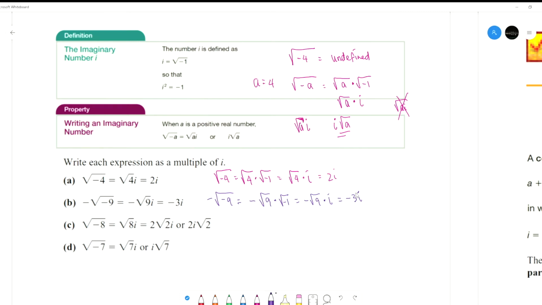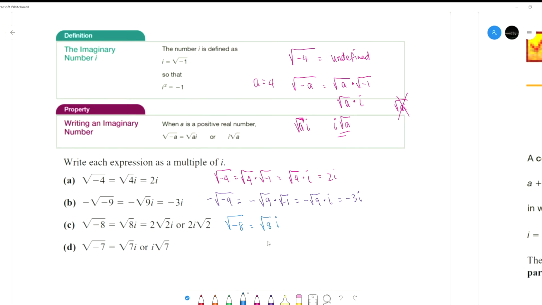Once you get comfortable with the idea of the square root of negative 1 equals i, you could skip that altogether and just replace it with i. So for example, in part C, the square root of negative 8. I'm just going to write this as the square root of 8 i.